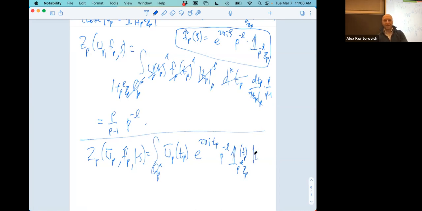And then we have the absolute value of t_P to the 1 minus S, and then d star t_P. Let's leave it as d star t_P for a second. So far, so good.